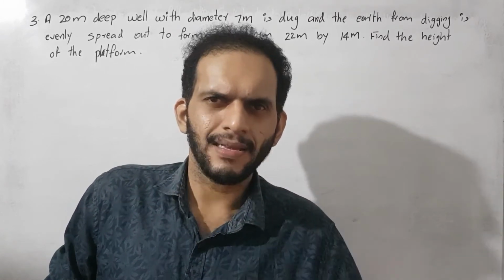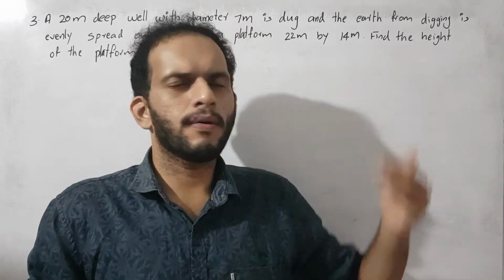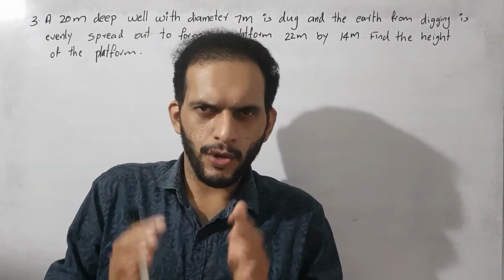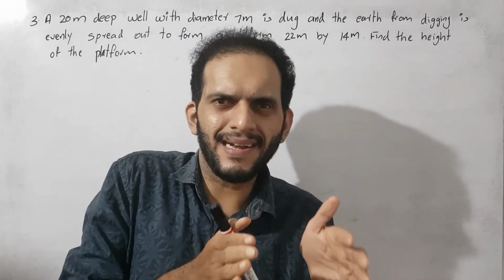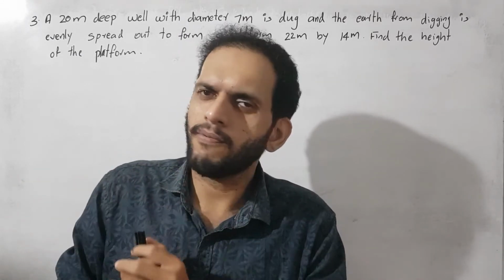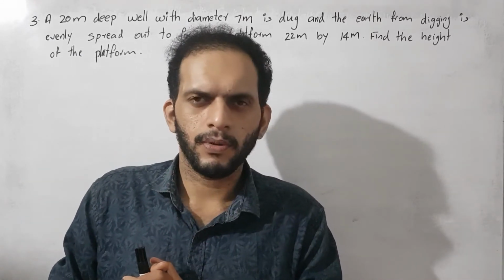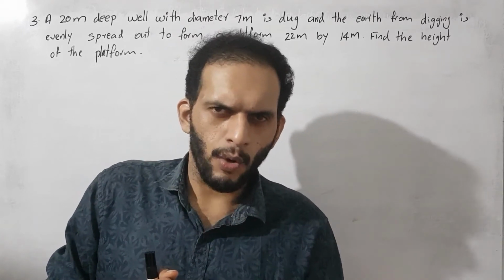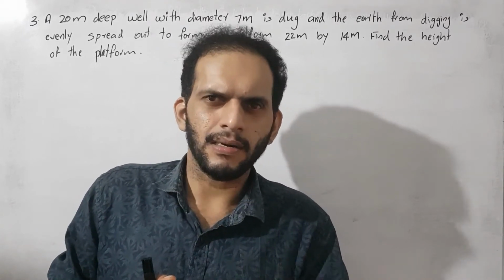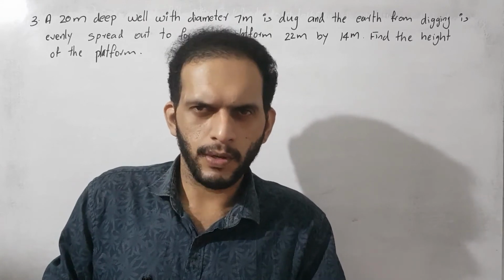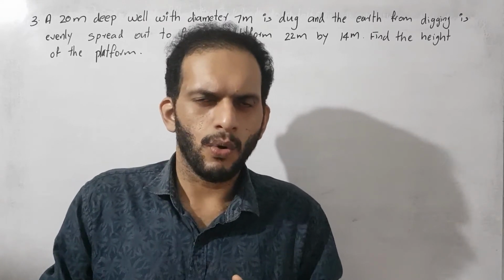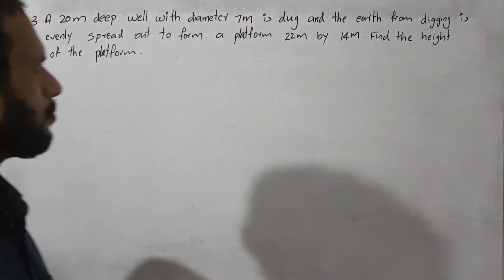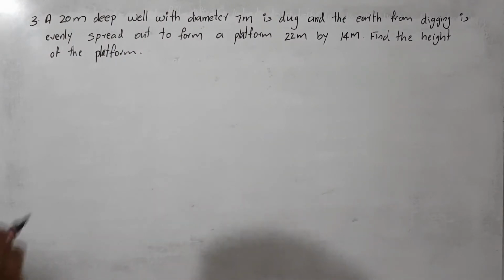So how do we find the height of the platform? We use the idea: volume of cylinder is equal to volume of cuboid, because the well is in the shape of a cylinder and the platform is in the shape of a cuboid. So we start like this. First we find them one by one.